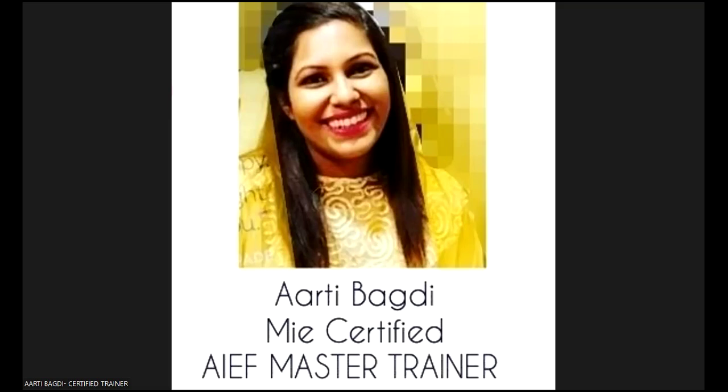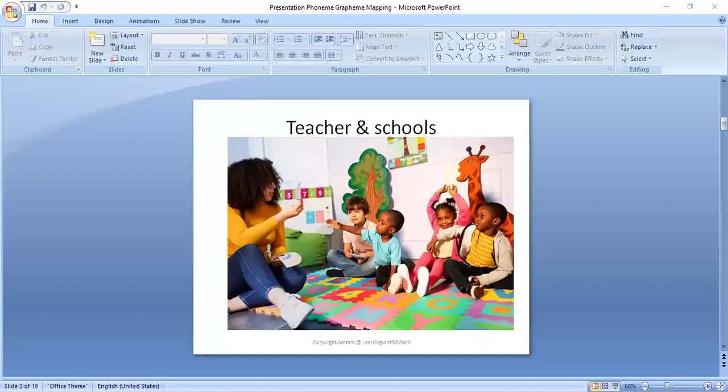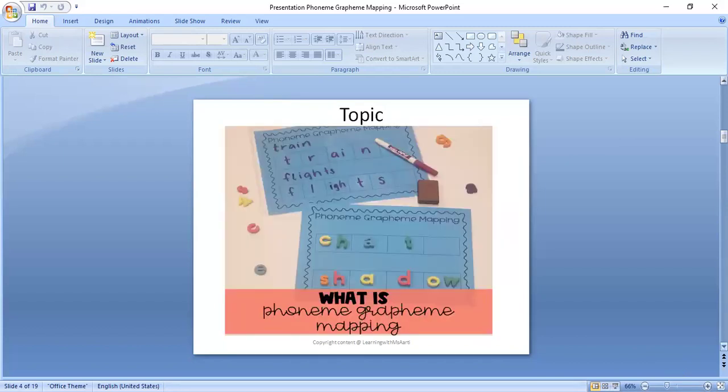Here it is. So this is my circle time going on, and let's see how it goes for phoneme grapheme mapping. Here is phoneme grapheme mapping, in which a word is written and you have to break that word in different blocks, and then you have to fill those boxes.